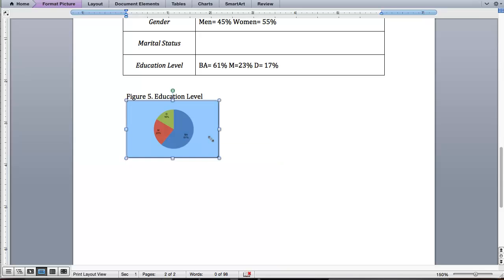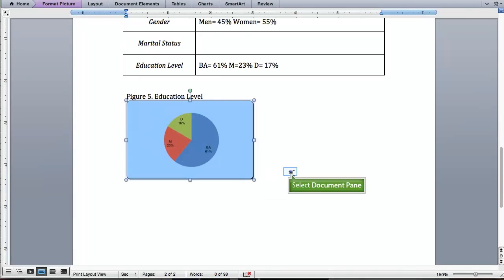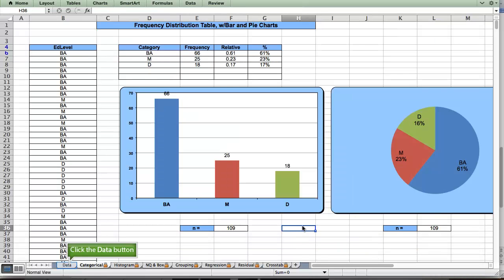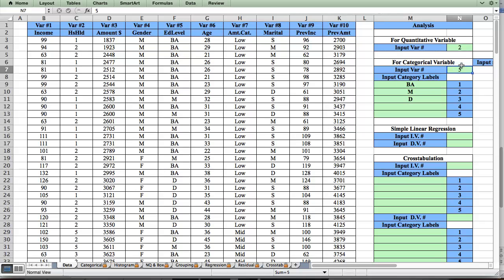And this is adjustable just like any other picture would be adjustable until we get it the way that we like. But the important thing is that we should now be able to go back to our Excel tool and produce another pie chart, such as for gender.